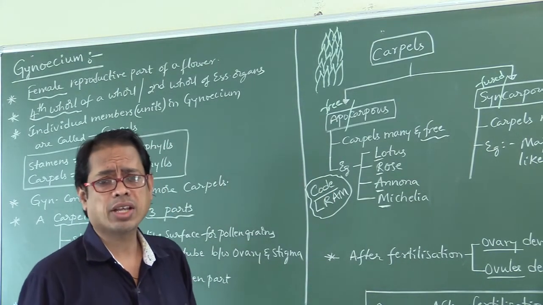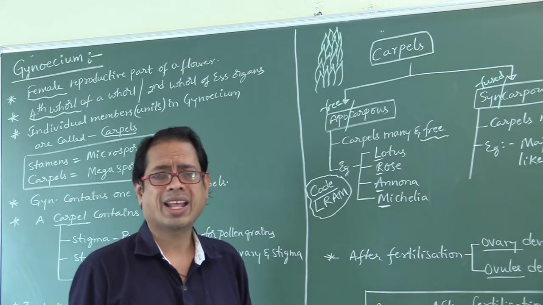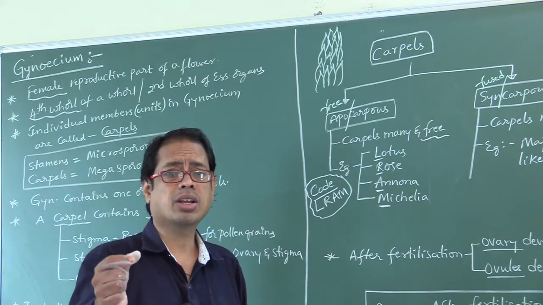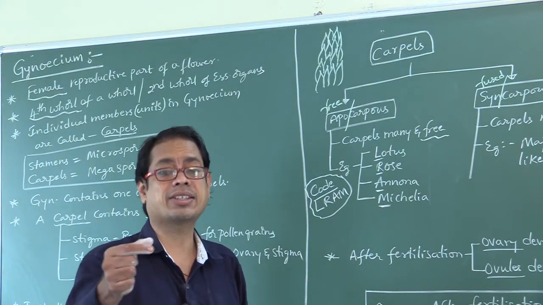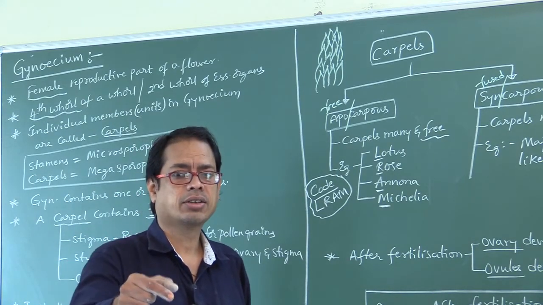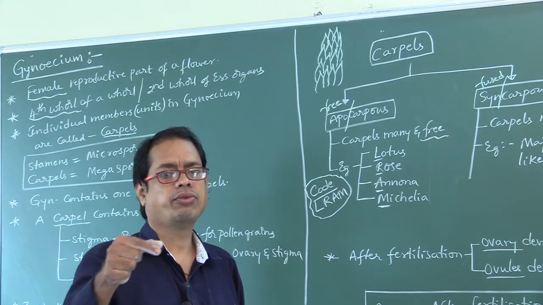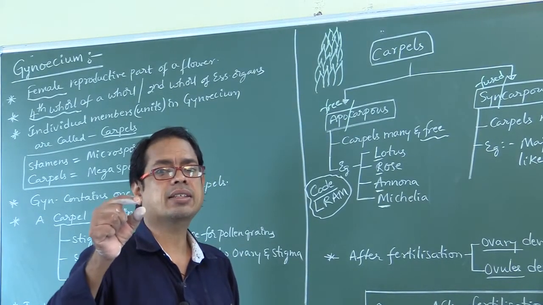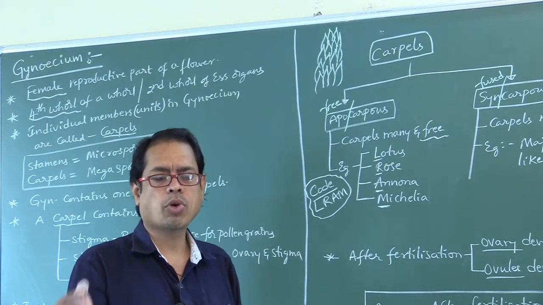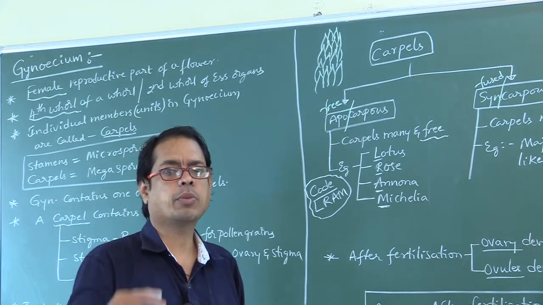Marginal placentation means ovules are borne on the ventral suture. Axial placentation means ovules are borne on the central axis with septa. Next, parietal placentation: ovules borne on the inner wall or peripheral part of the ovary.